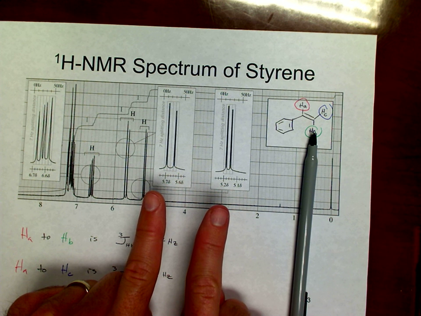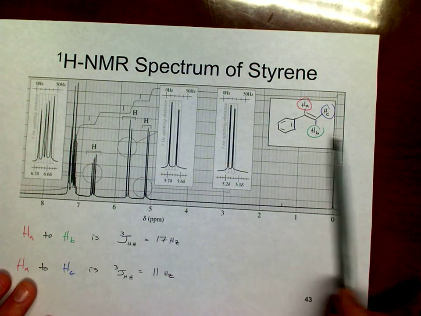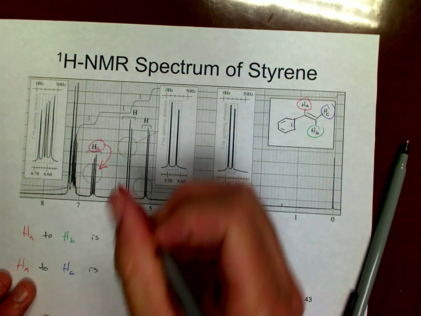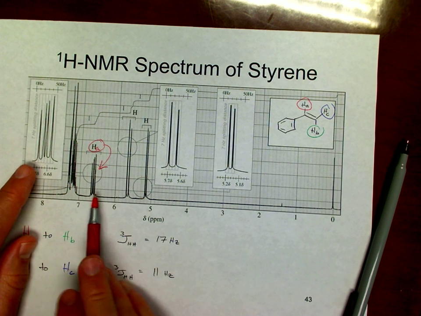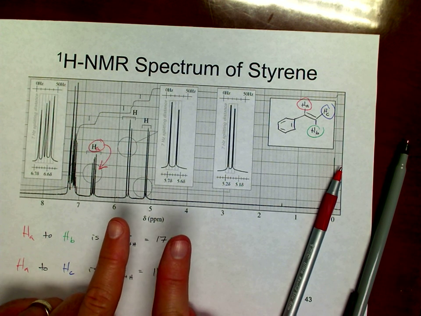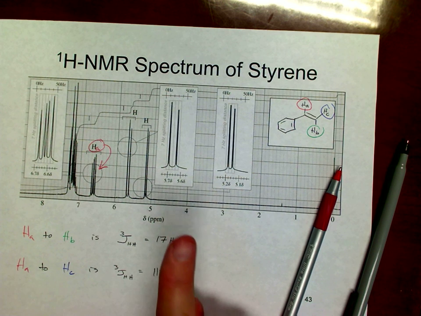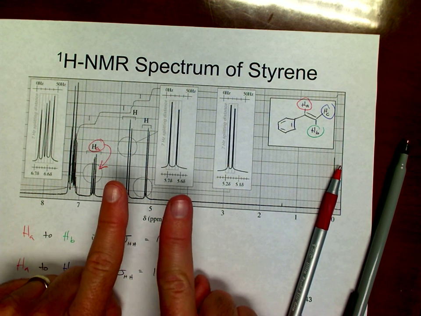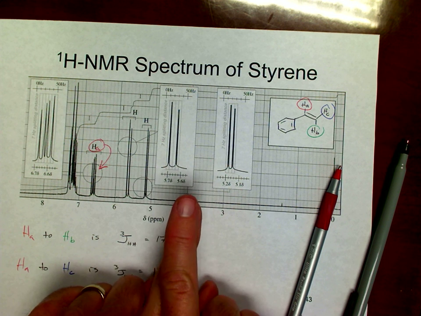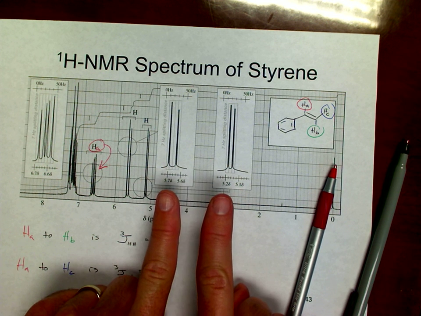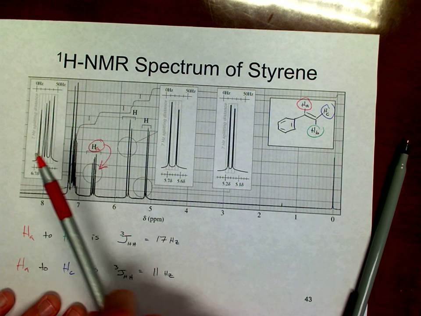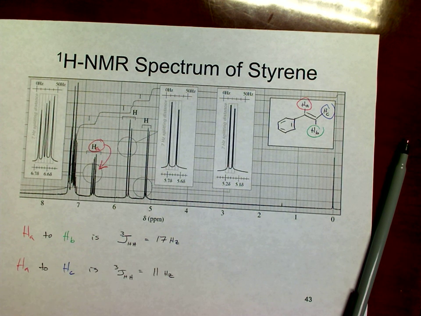And so we would call this a double doublet. And here is HA's signal right there, a double doublet. Okay, so our doublet, if this is one half of our doublet for HB, it has to split again for HC. Okay, and then the other half of our signal also splits in half, so that's why it ends up being a double doublet.